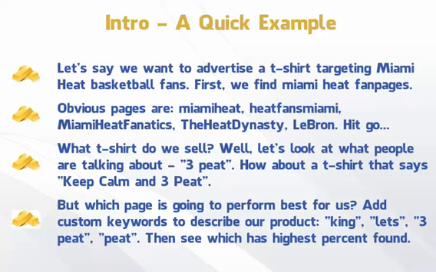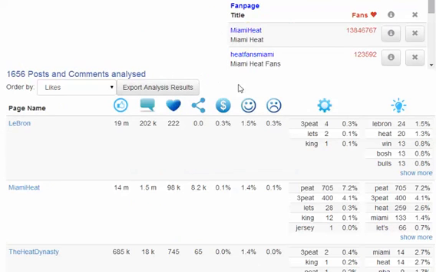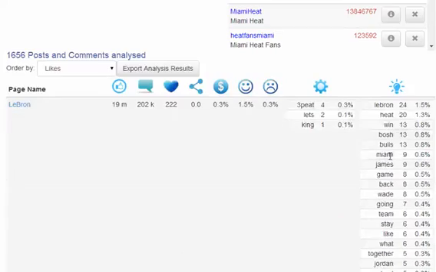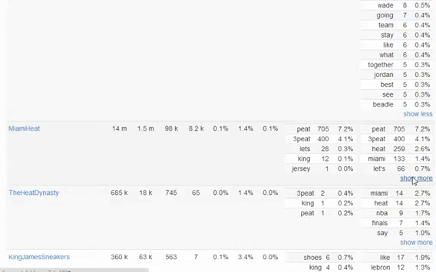Well, if we go over to our results, we can actually look at all of these pages, and you'll see that some of the most commonly used phrases are words such as three-peat, Pete, LeBron, Heat, and we can expand these and get lots of different variations.